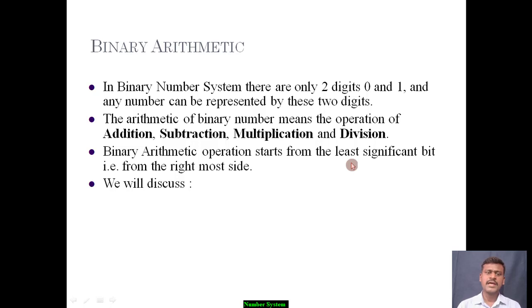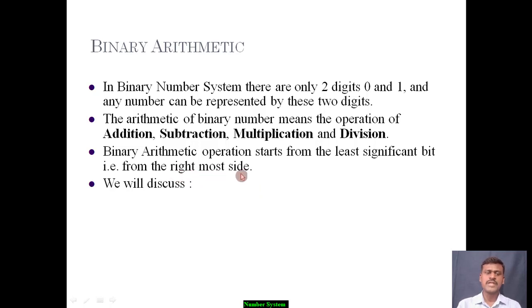Binary arithmetic operation starts from the least significant bit, that is from the rightmost side. This means whenever an example or an equation is given in terms of binary numbers, it needs to be started from the rightmost side.